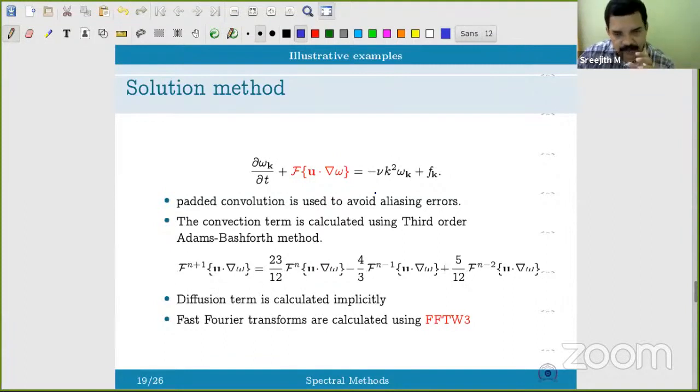But for some calculations, when you solve these equations, you need to calculate only in the physical space. You cannot calculate those terms in the Fourier space. So in that case also, we have to transform back into the physical space.